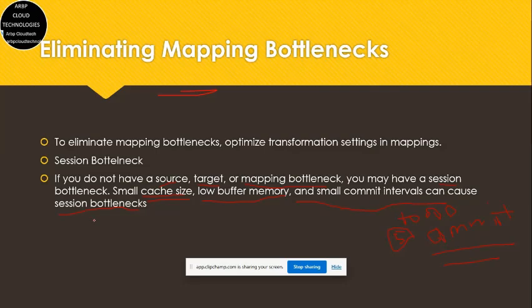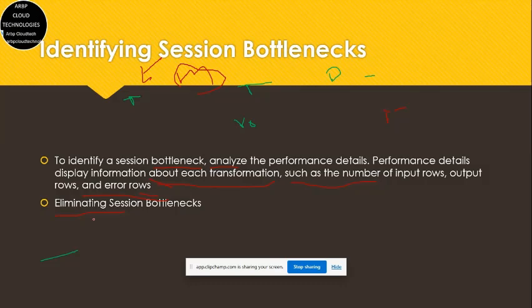These things you need to check and configure accordingly, and then eliminate the session bottleneck. Once we complete how to catch the session, mapping, and target bottlenecks, I will explain in detail in the optimization section how to optimize them.